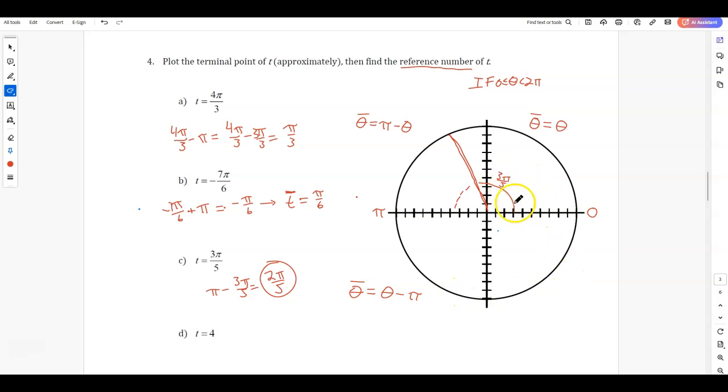The last one, over here in quadrant 4, let's see what I would do for that guy. We're going to go all the way around to some angle over here, where I'm going to stop. And then I'm interested in just this little bit right here. How much more angle do I need to get back to the x-axis? Well, I'm almost a full revolution around, almost 2 pi. So I just need to take 2 pi, subtract the distance I've already gone, and I'll have just what's left.